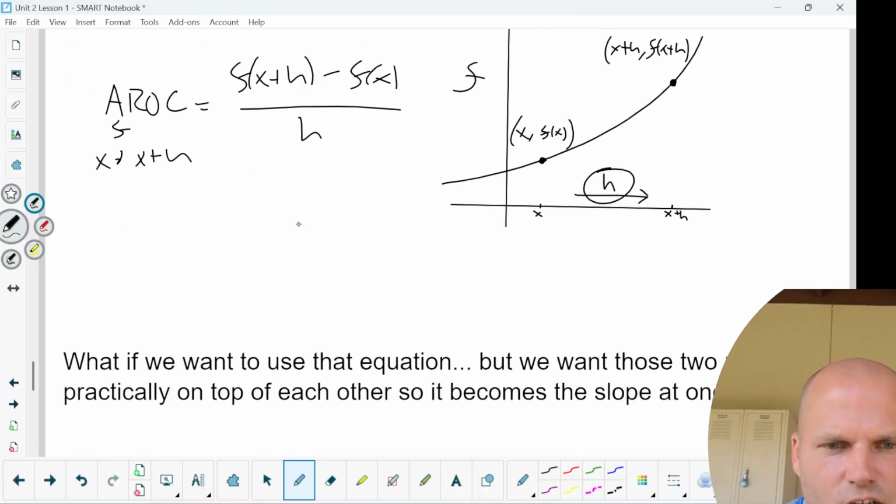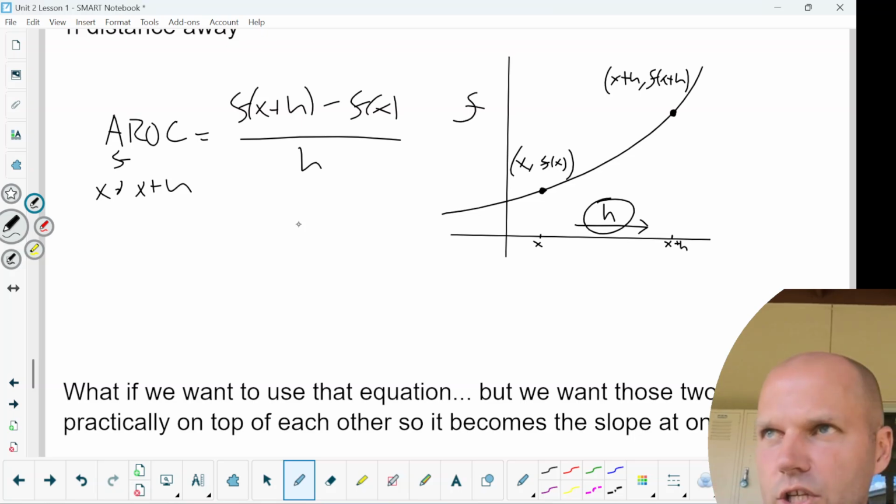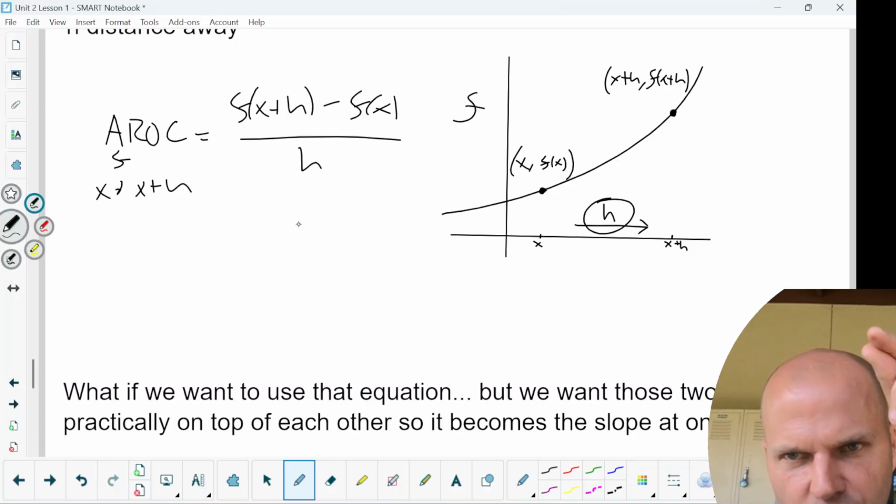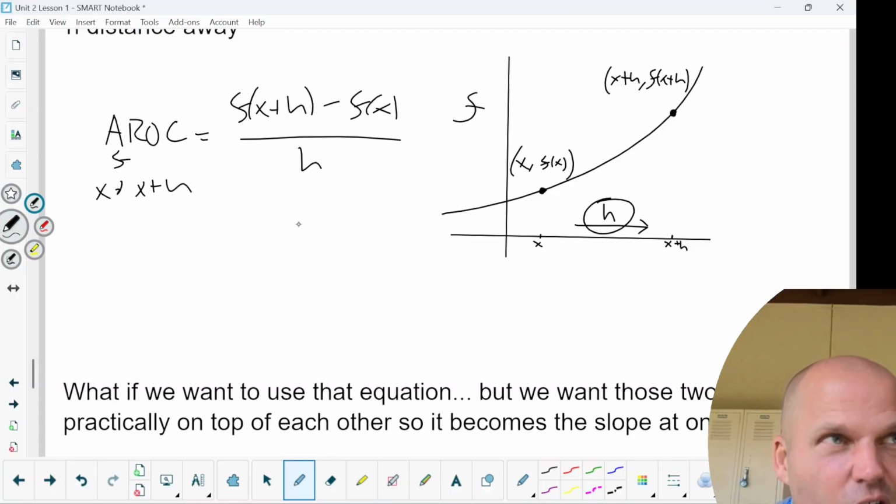But now, the question is, what if we still want to use that equation? What if I like the equation of the slopes between 2 points h distance away? But we want these 2 points to be practically on top of each other, infinitely close to each other.